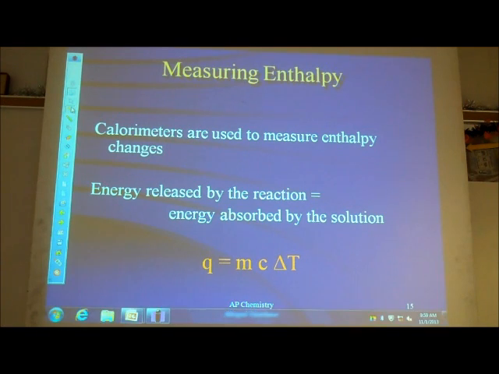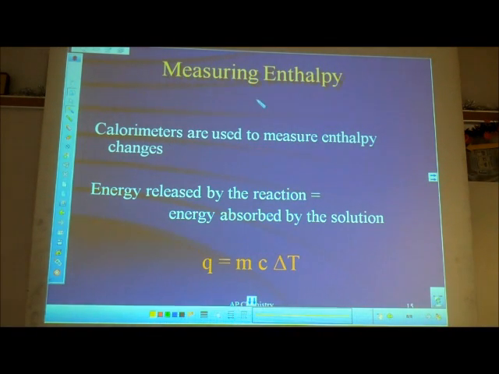Do you remember, because you had to memorize it, the specific heat capacity for water? Please re-memorize that number. It is not given to you on your equation sheet. So let me say the question again, and you tell me what you would do.